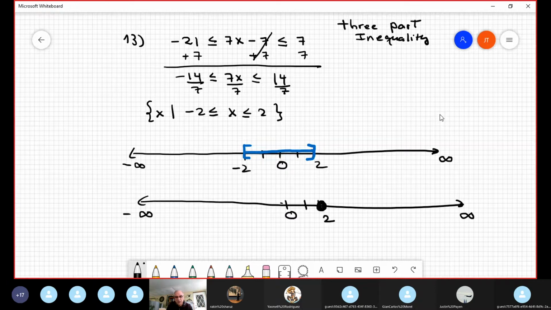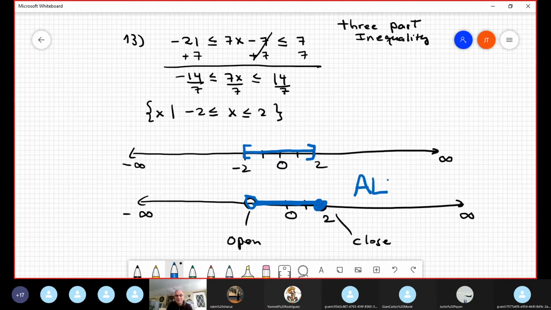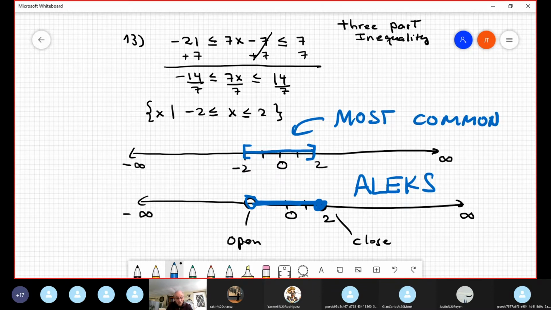You put like that, and you put like that, hollow. The technical names are open and closed. So this is the interval, and you use blue color, for example. This is Alex's terminology or convention, and this is the most common in mathematics. But Alex, we're using this convention, okay? I respect the different way.